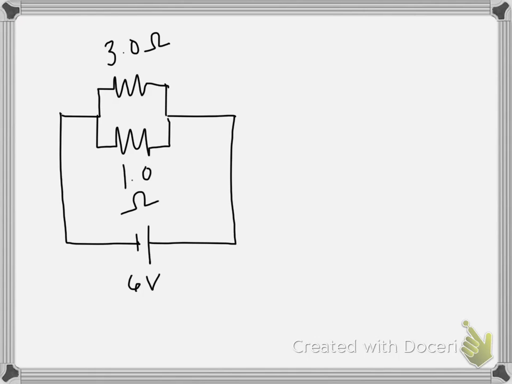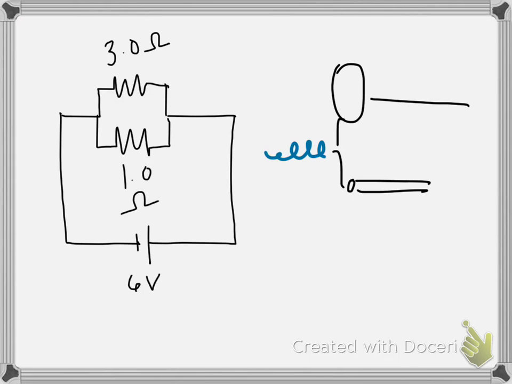If you think about this logically, if we go back to the water metaphor, when you have two pipes, a little tiny pipe here and a giant pipe here, water's going to flow where it's easier to flow. So you're going to have higher current in the place with lower resistance.